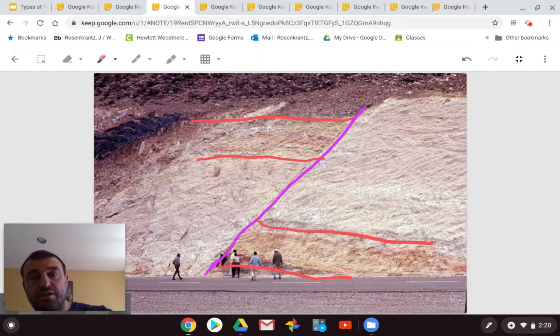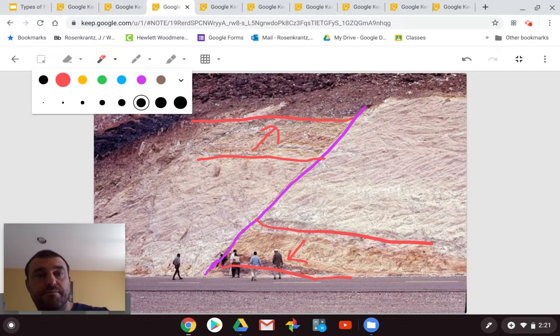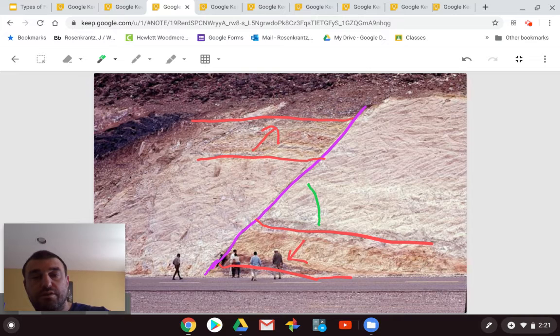So this chunk on the left of the fault got moved up, and this one on the right of the fault got moved down. And now if you look at the angle created by the fault line, it's acute. See how this is less than 90?